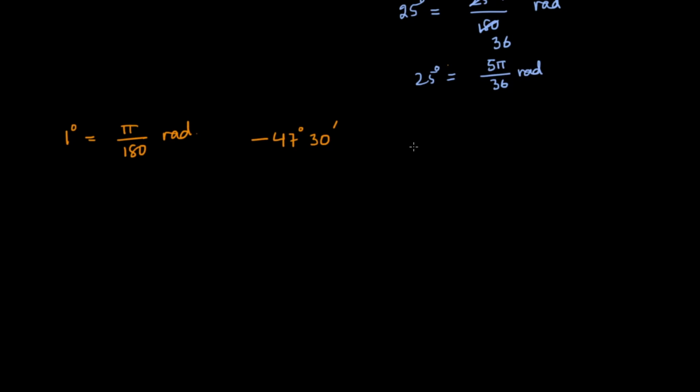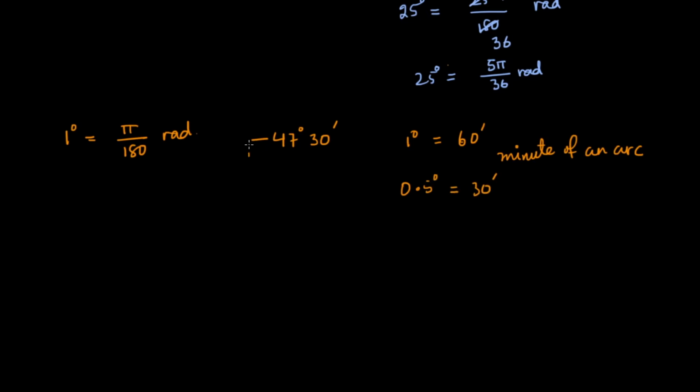The relation is 1 degree is equal to 60 minutes. This is called a minute of an arc, right? Which means this 30 minutes will be 0.5 degrees.